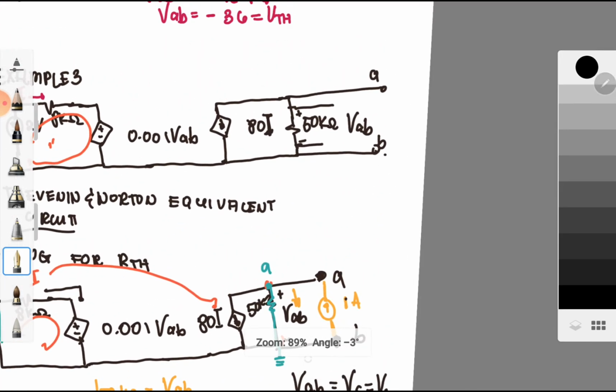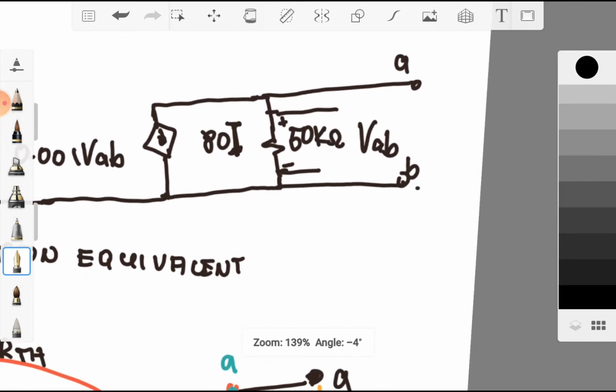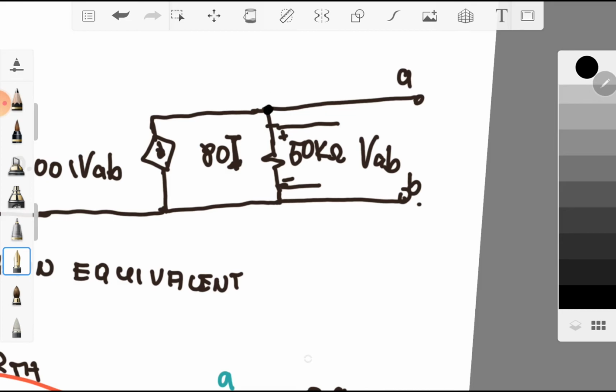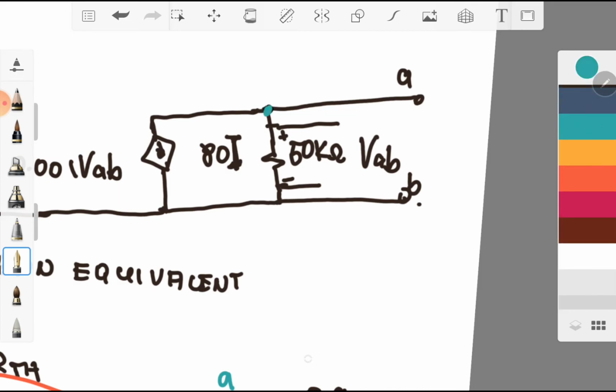So take note that this will be open. So we will have KCL ako dito. So we'll have a KCL in this node. Take note, pwede akong mag-assume that this will be my ATIO and then my VAB and then my IAB, which is equal to 0.